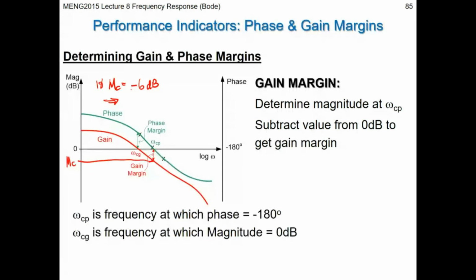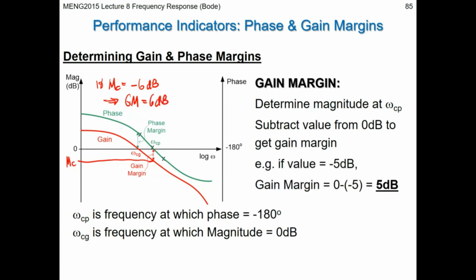So that is my critical condition. If my magnitude at omega CP is minus 6, my gain margin is 6 decibels. Or if it's minus 5 dBs, my gain margin is 0 minus minus 5, or plus 5 decibels.